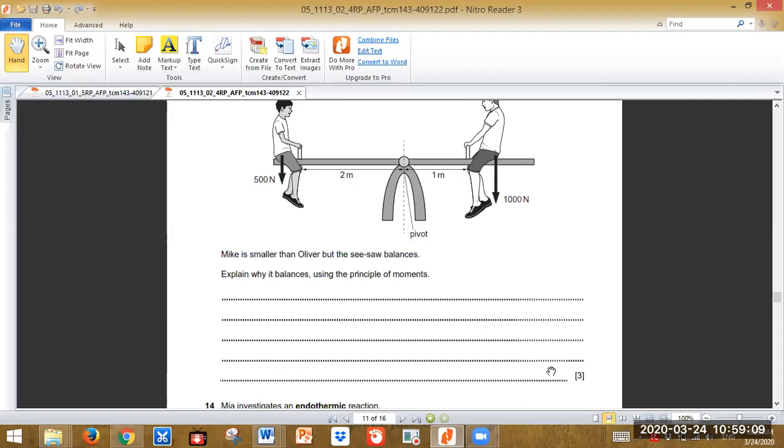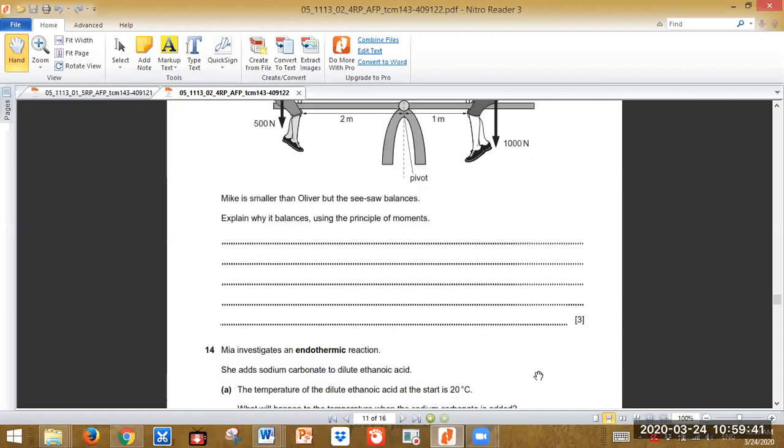And you will calculate the anti-clockwise and the clockwise moments. So you will write Mike's moment is 500 times 2, so it will be 1000 Newton meter. While Oliver's moment is 1000 times 1, so it will be 1000 Newton meter also. So this means that both of these moments are equal. So it makes sense that it will be balanced. Okay?